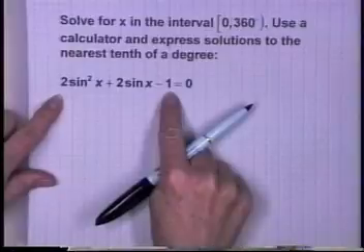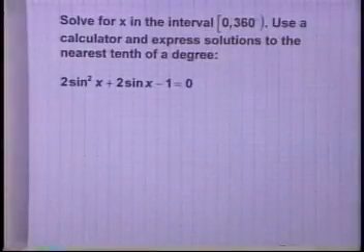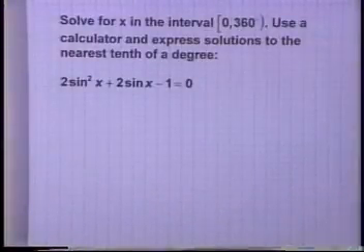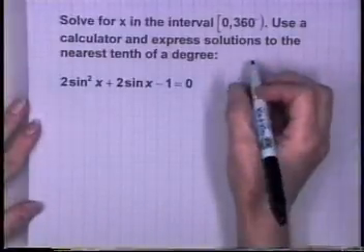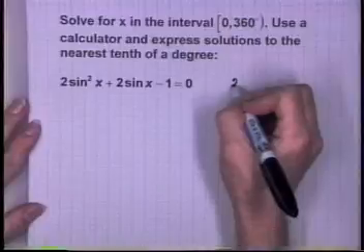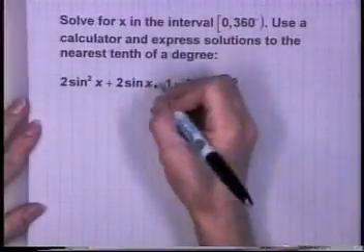Okay? So, just like in algebra, if you have an equation that won't factor, you use the quadratic formula. Now, let me just sort of talk about that, and I'm going to use a different variable so we don't confuse it with this x.